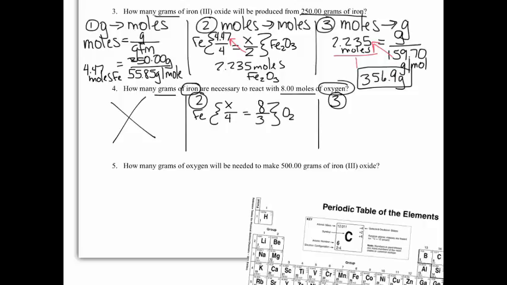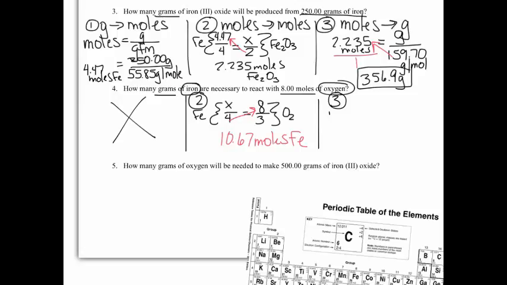Now when I solve this, I'm only going to half cross multiply, and I'm going to do 8 times 4 and then divide it by the 3, and I get 10.67 moles of iron.